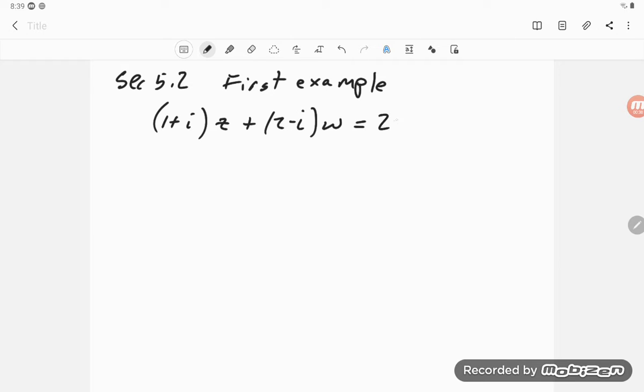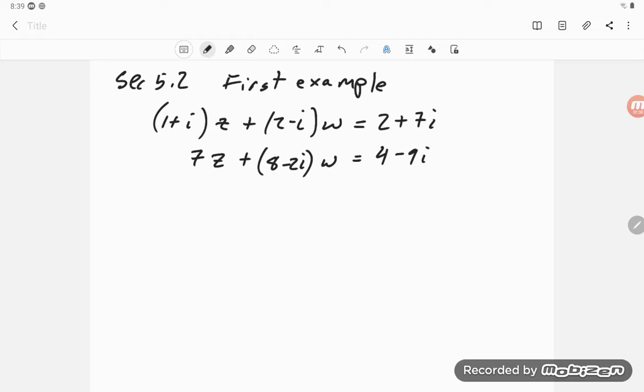This is 2 plus 7i, and then 7z plus 8 minus 2iw is equal to 4 minus 9i.